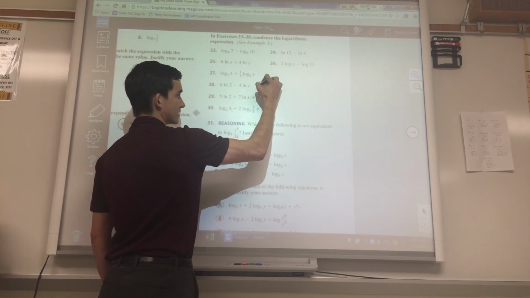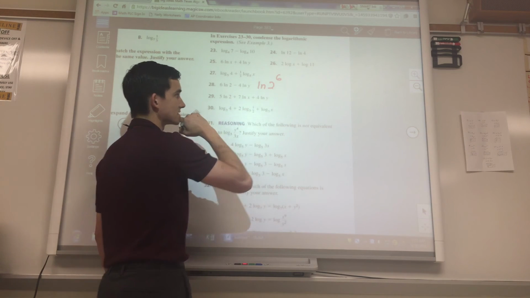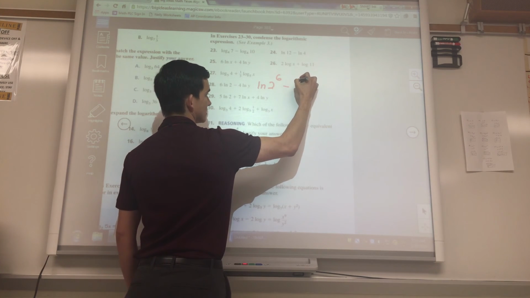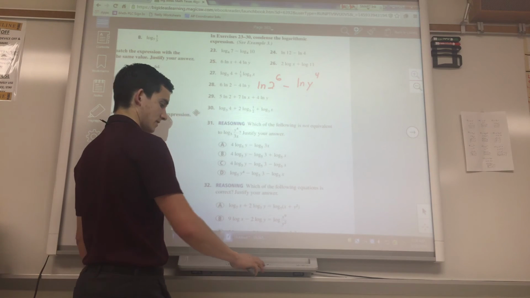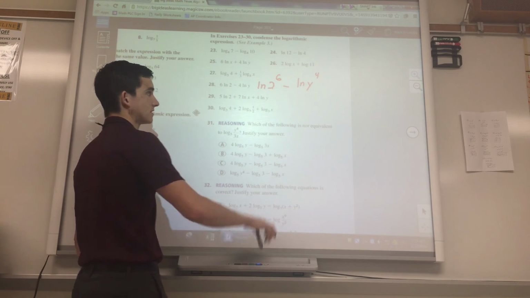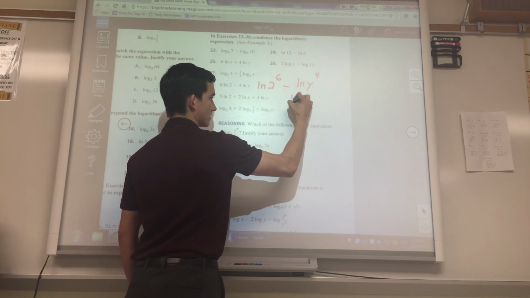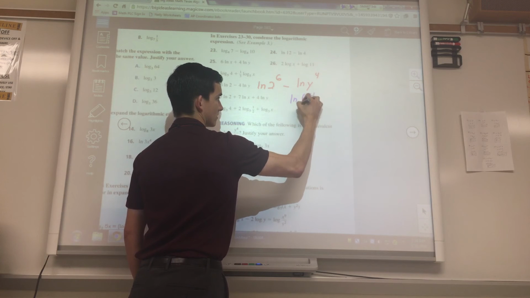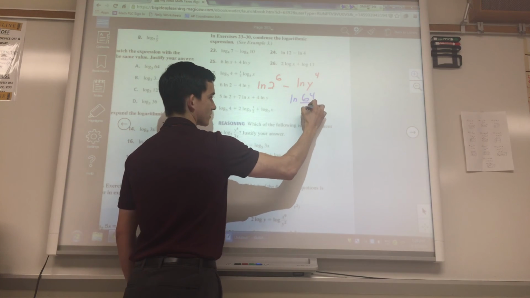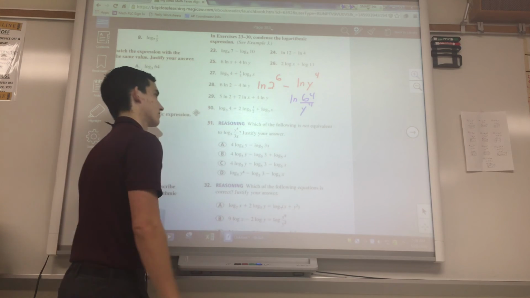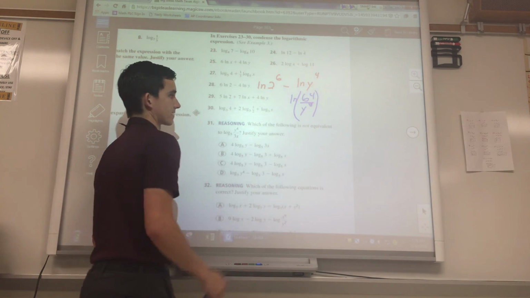So I have actually natural log of 2 to the 6, which is actually 64, minus natural log of y to the 4th. And I'm subtracting the two from each other. So I have natural log of 64 divided by, because it's subtracting, y to the 4th. Y to the 4th, like that. This is all in one thing, like that.